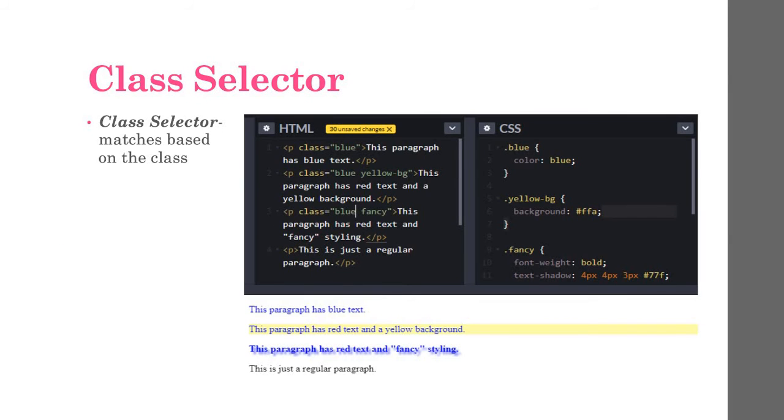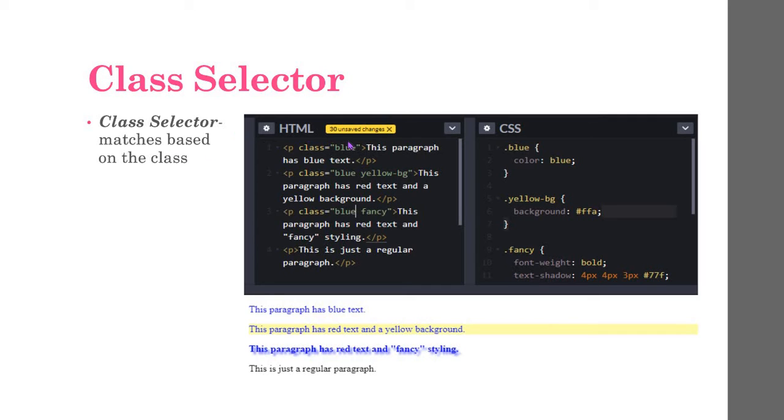The second one is the class selector. If we want an element to have unique styles, for example, we have paragraphs here and we want each of those to have unique styles, we can use this class selector.